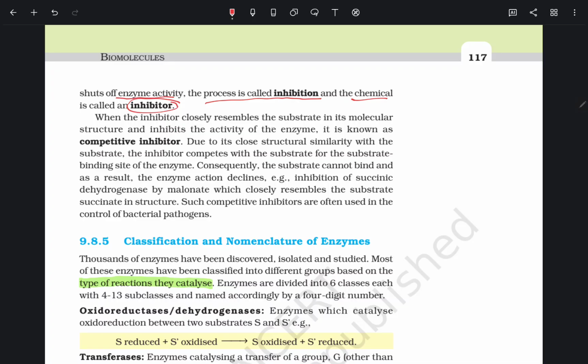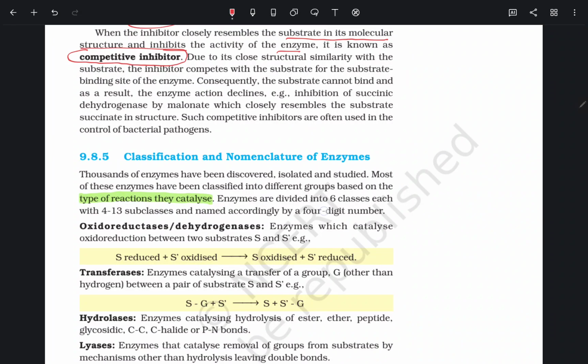When the inhibitor closely resembles the substrate in its molecular structure and inhibits the activity of the enzyme, it is known as a competitive inhibitor. Due to its close structural similarities with the substrate, the inhibitor competes with the substrate for the substrate binding site of the enzyme.